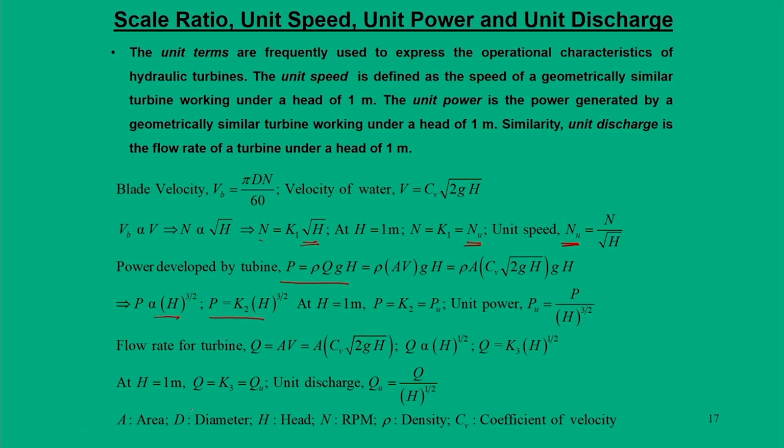So, P becomes K2 into H to the power 3 by 2. When H is equal to 1 meter, we define unit power Pu is equal to P divided by H to the power 3 by 2. In a similar way, we can find the unit discharge Qu is equal to Q by H to the power half. So, these parameters are mainly required when you discuss the model as well as the prototypes.